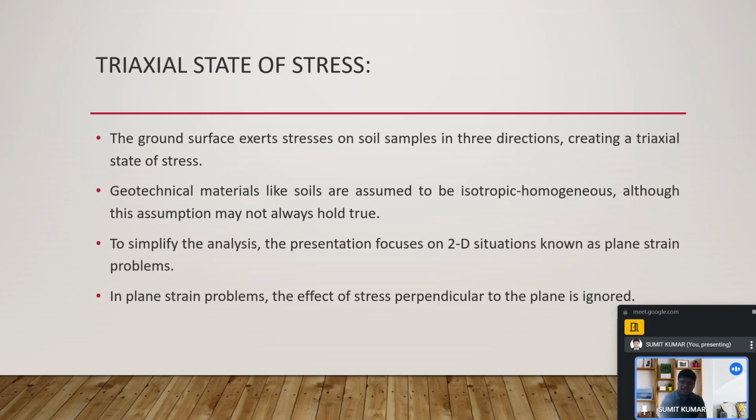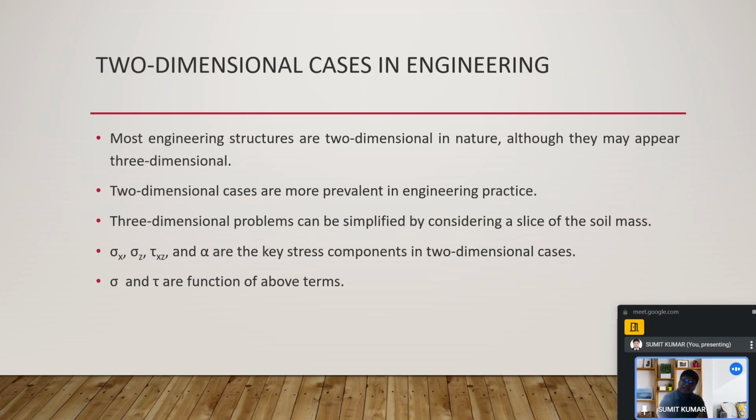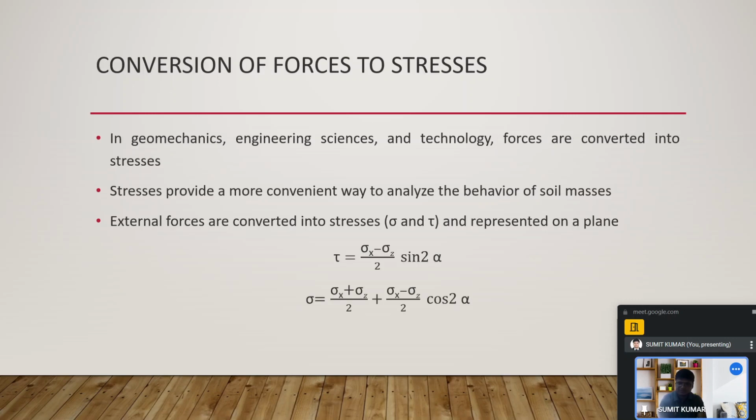You can understand it if you see the triaxial test which we are going across today as well. In the triaxial test, the stresses are applied from all three directions. The two directions' stresses are considered to be the same, so we relate sigma 1 and sigma 3. Those interrelations are equally important, and we convert the three dimensional to two dimensional considering the plane strain case, which will help us solve most of the geotechnical problems.